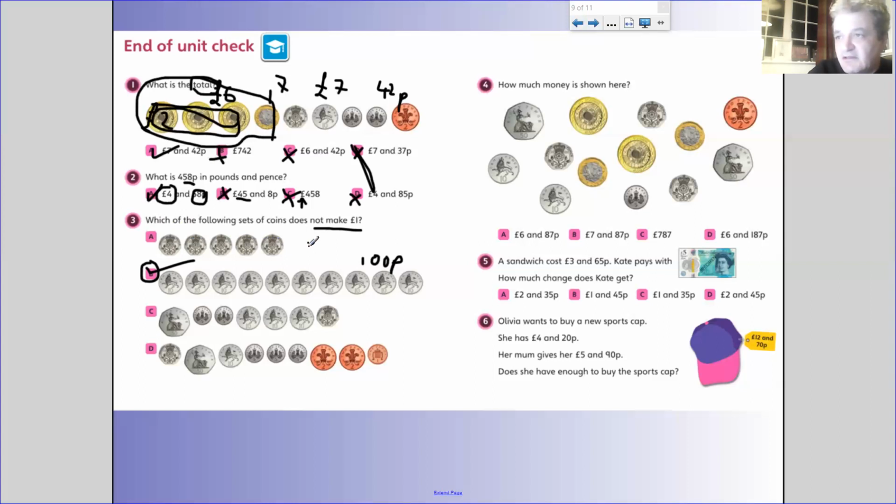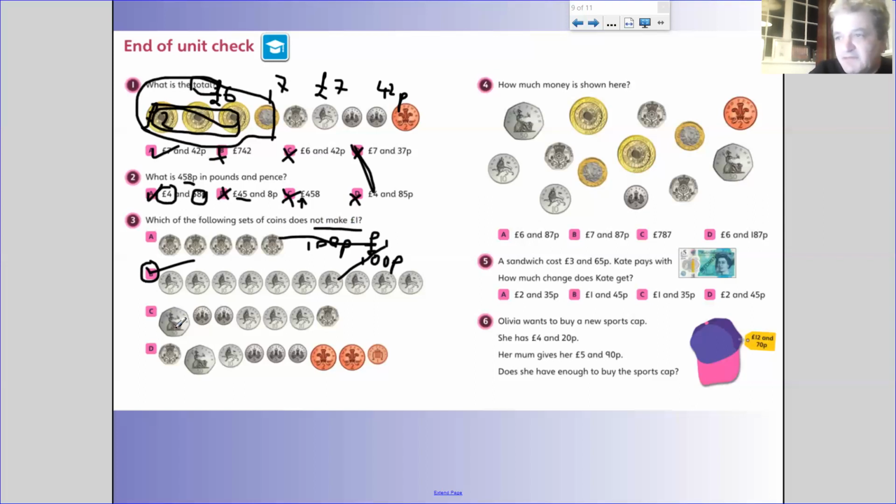So these 5 20s are the same value as 10 10p's. So they're both worth 100 pence, which is equal to £1. So both these sets of coins are worth £1. Not make £1. Let's go on to C.